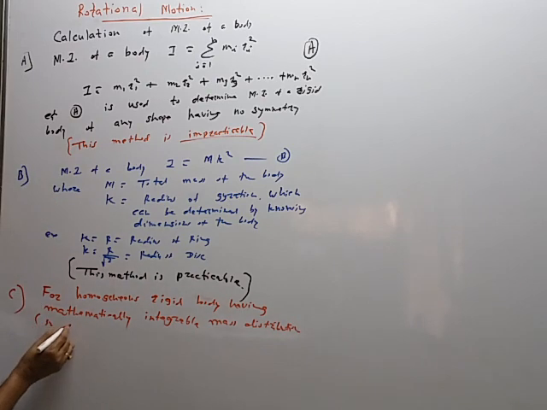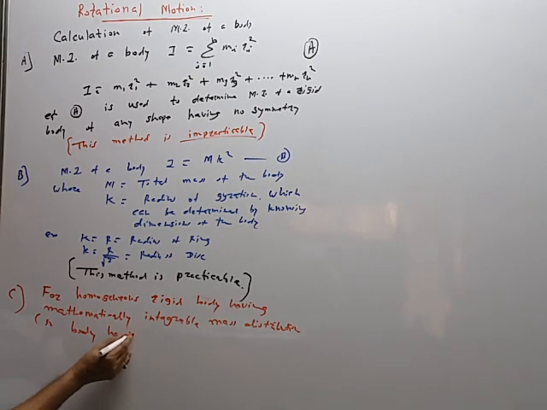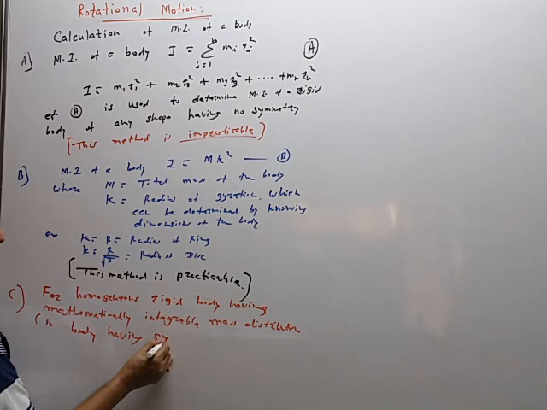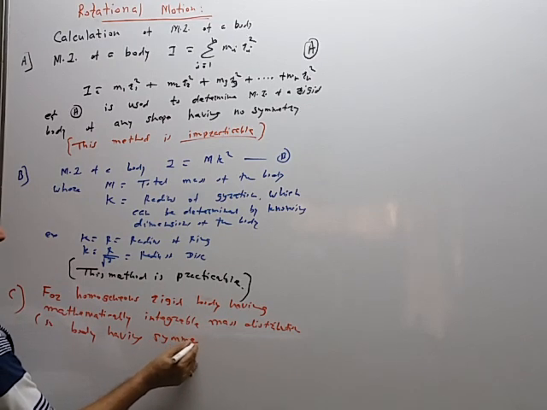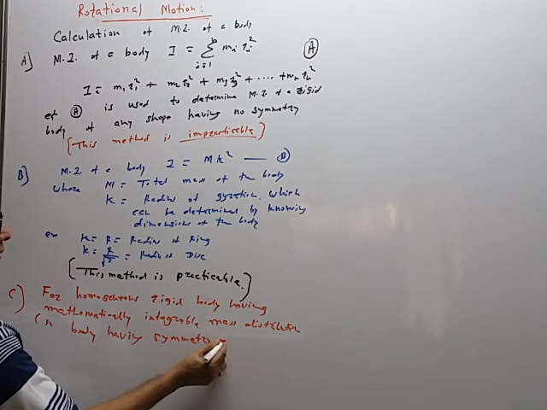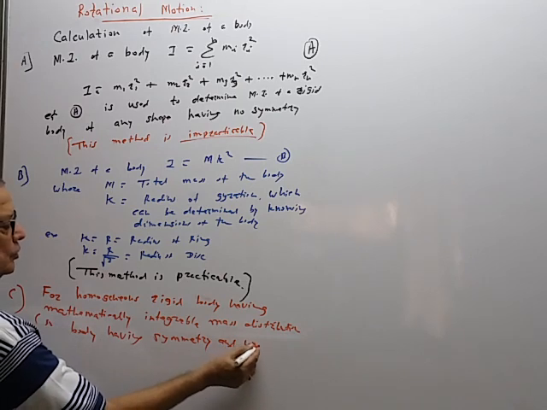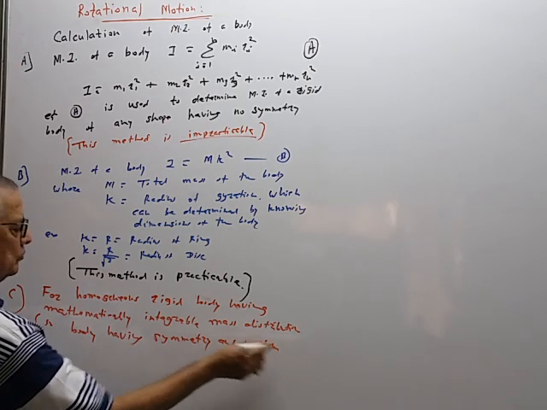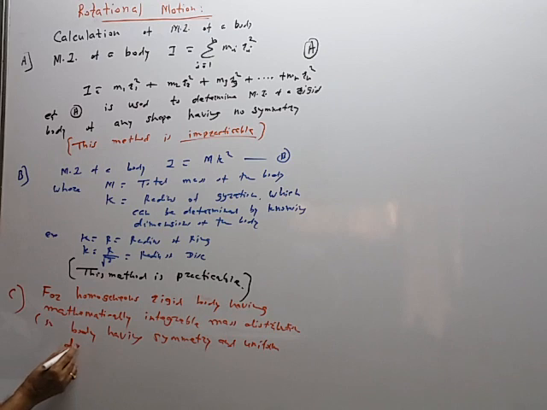That is, a body having symmetry and uniform distribution of mass.